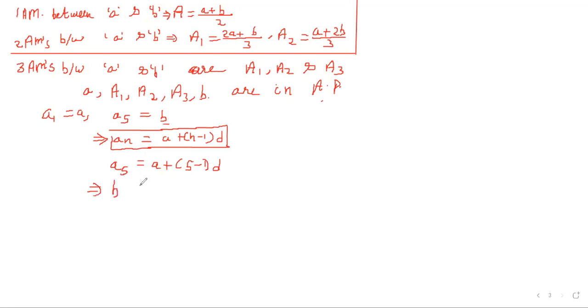So b equals a plus 5 minus 1, which is 4d. It implies b minus a equals 4d. It implies d equals (b minus a) upon 4.